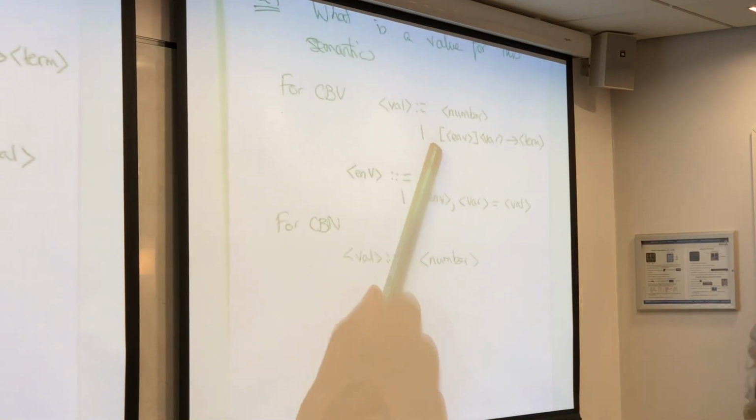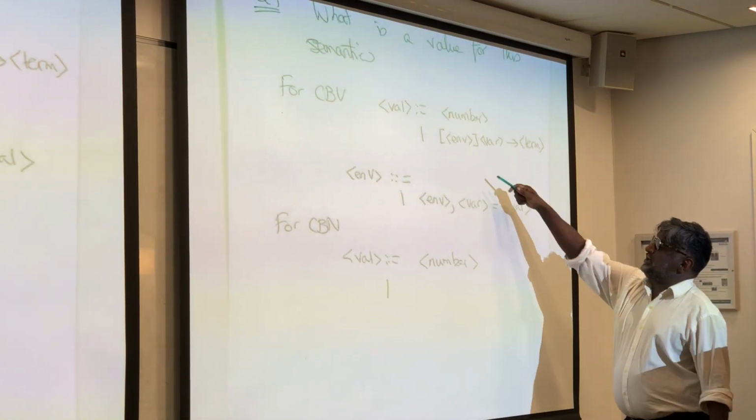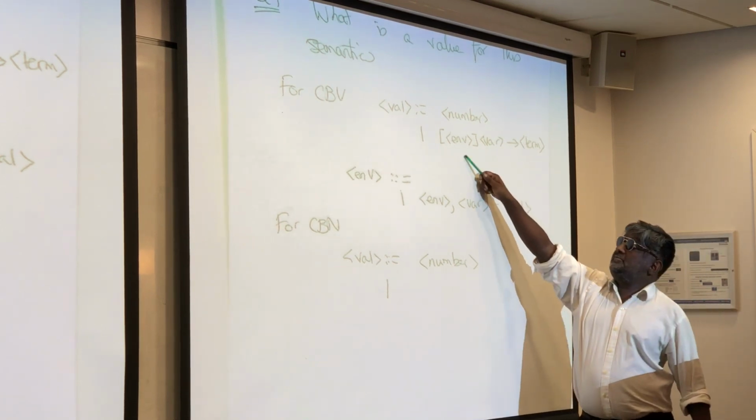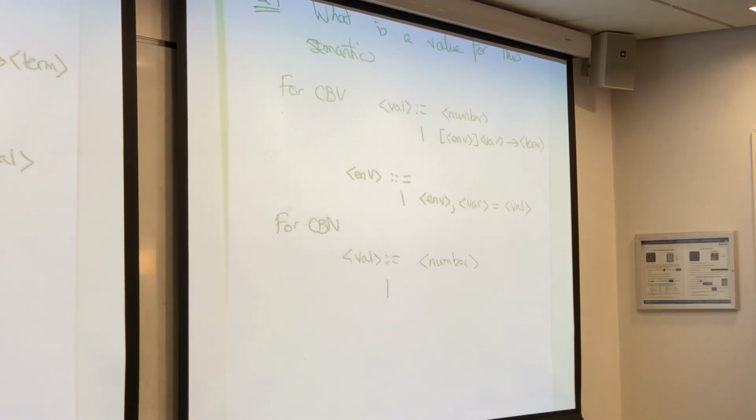Previously, we said values would include functions, but we need an environment to keep them. So in this semantics, should we keep functions as values?